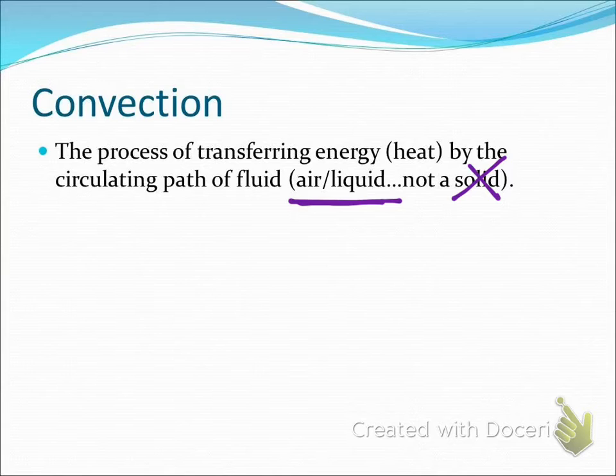And the reason convection works is because molecules can actually move around within the substance. So they can deliver or transfer energy from one area to another by physically moving around. Whereas conduction, which happens in a solid, can't do that. Right? So conduction, the molecules are fixed, whereas convection, the air or liquid molecules can actually move around.